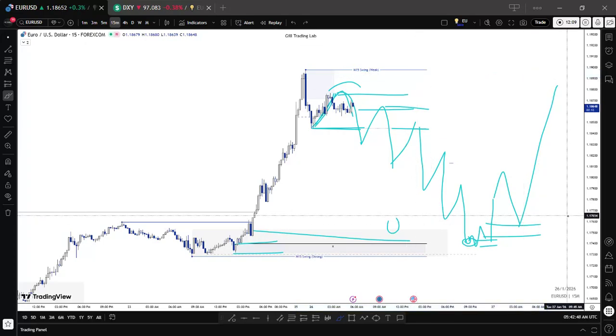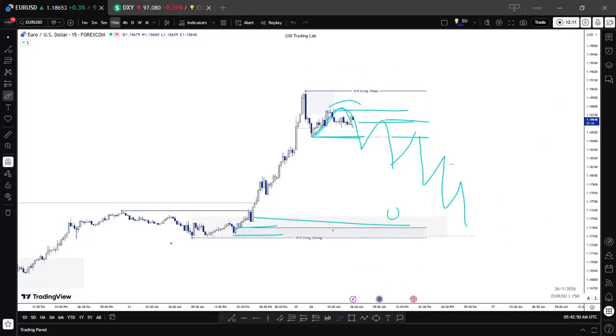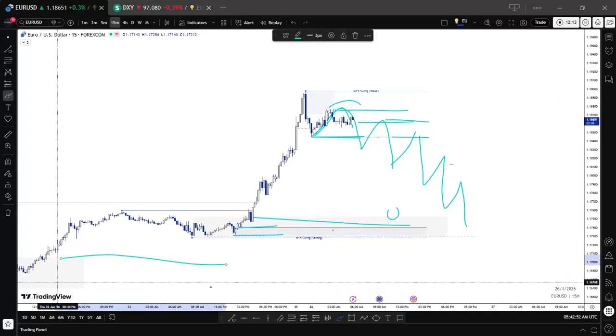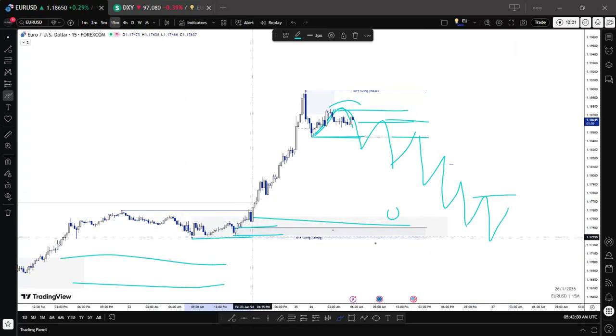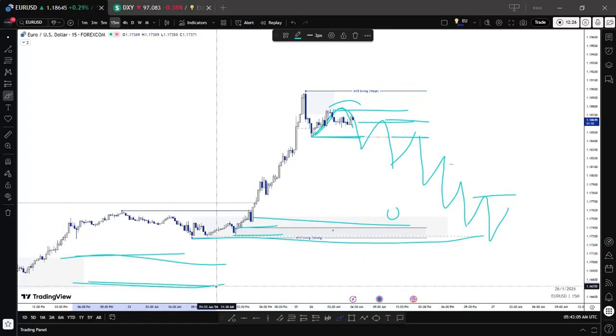And not forgetting, there is also another unmitigated 4H zone below, where we can see internal structure remain bearish for price to mitigate it, meaning M15 might shift bearish for price to mitigate the extreme 4H demand.